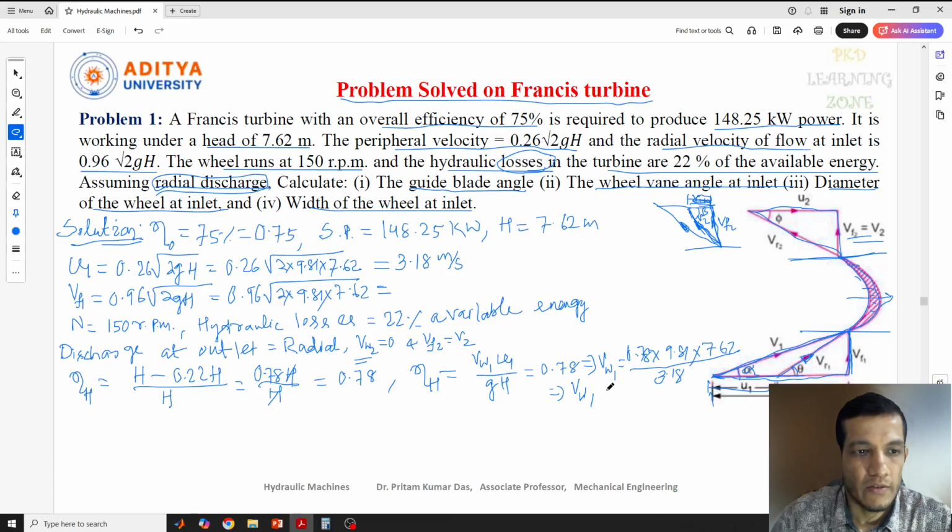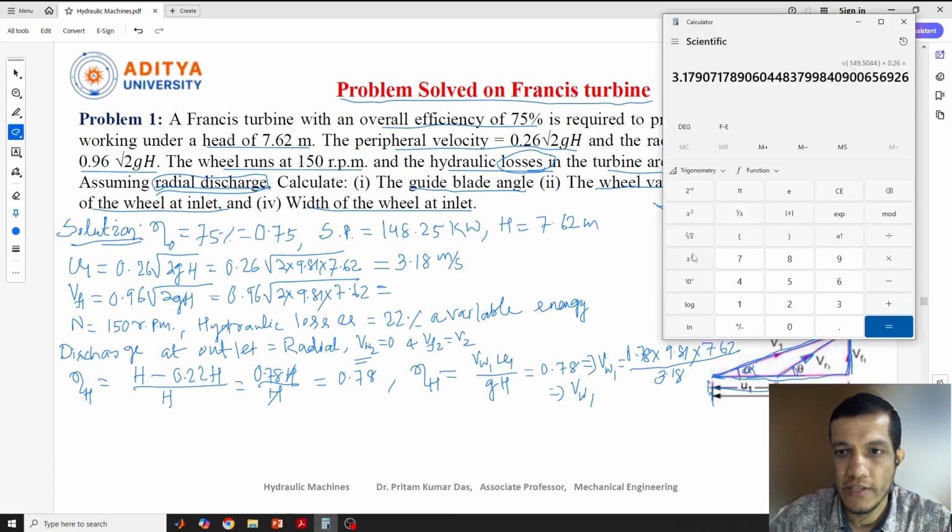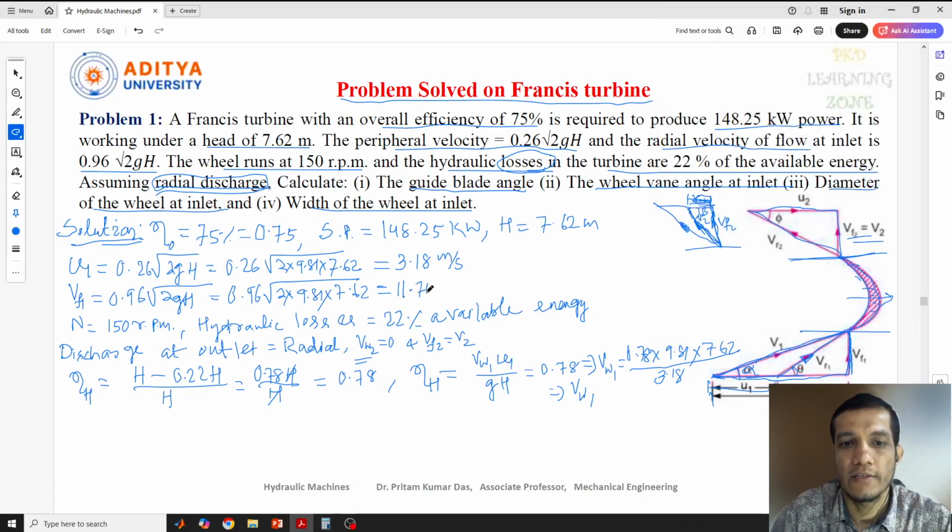Similarly, I can calculate VF1 here: root over 2 into 9.81 into 7.62, into 0.96, gives 11.738, so we can write 11.74 meter per second.